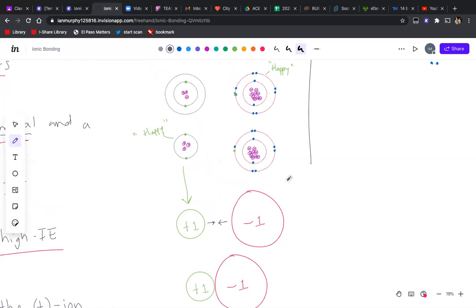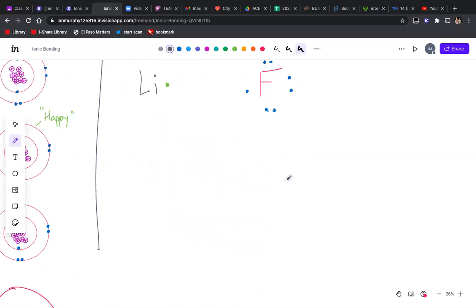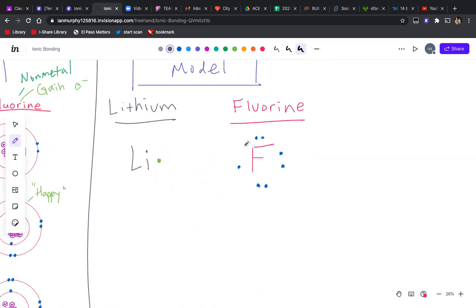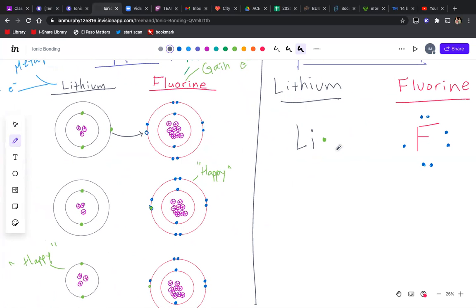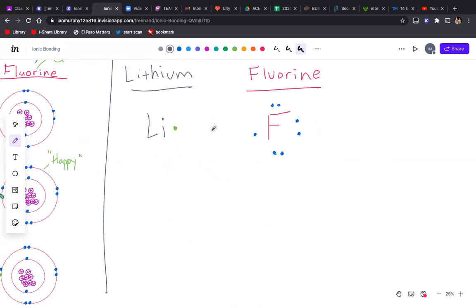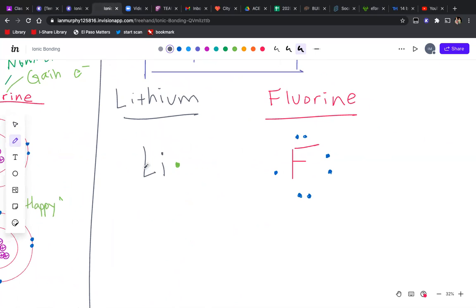So we're going to come up here. Remember, this is just a shorter version of the Bohr model, where we're only looking at the valence shell. So let's go ahead and see what we're doing here. So lithium, there's lithium's 1 valence electron. Here's fluorine's 7.